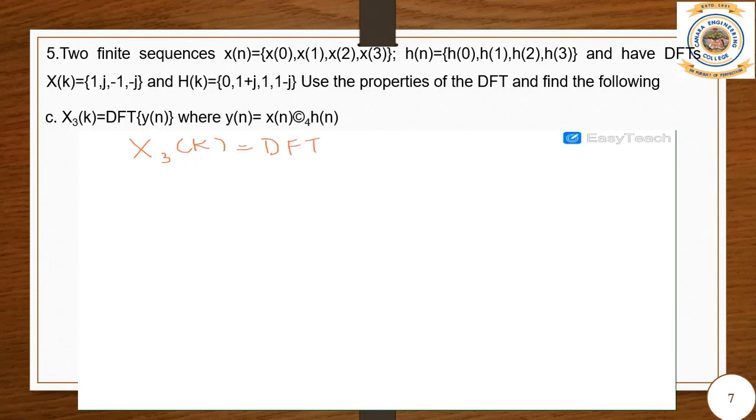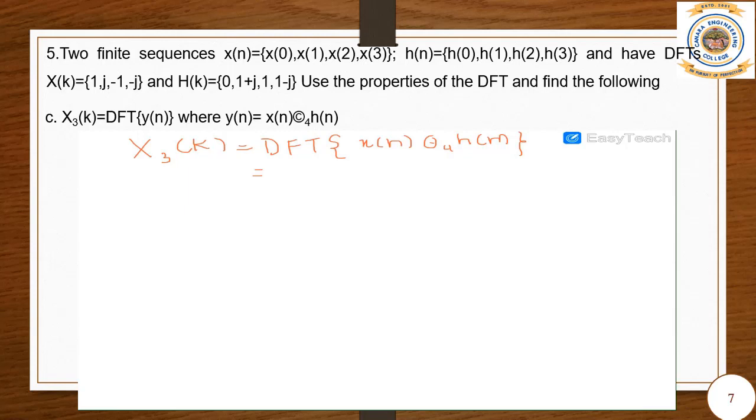In the third problem, we need to find out x3 of k, that is DFT of x of n circular convolution with h of n. We know that circular convolution in the time domain gives rise to multiplication in the frequency domain.